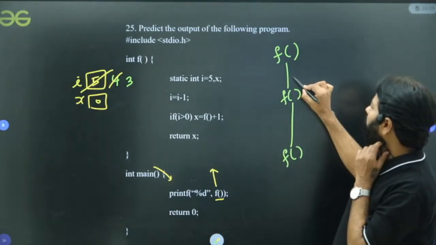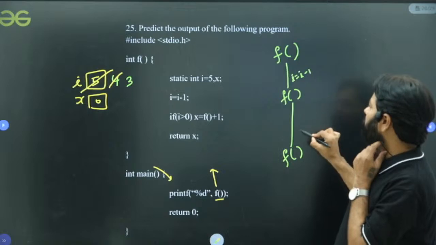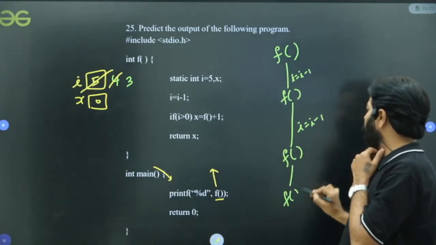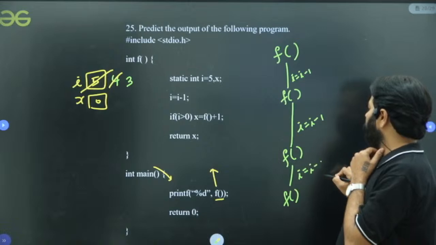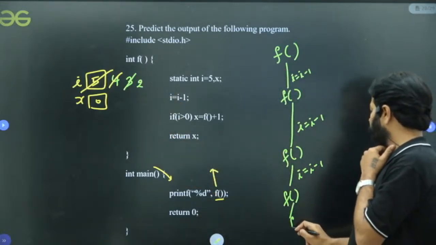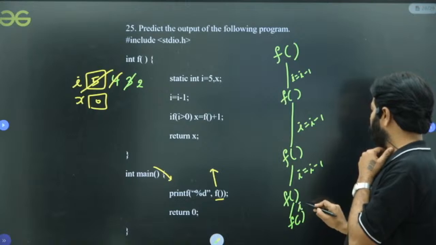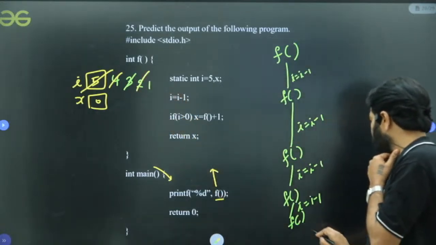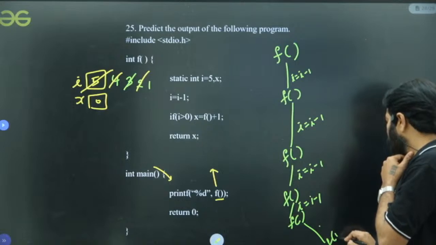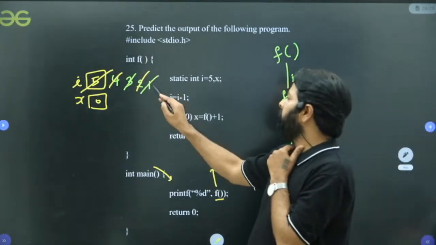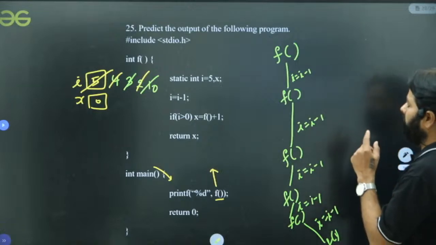So here i = i - 1 happened once, twice, and one more time will happen. How long? 3 becomes 2. 2 becomes 1. Last time, I guess. 1 becomes 0.